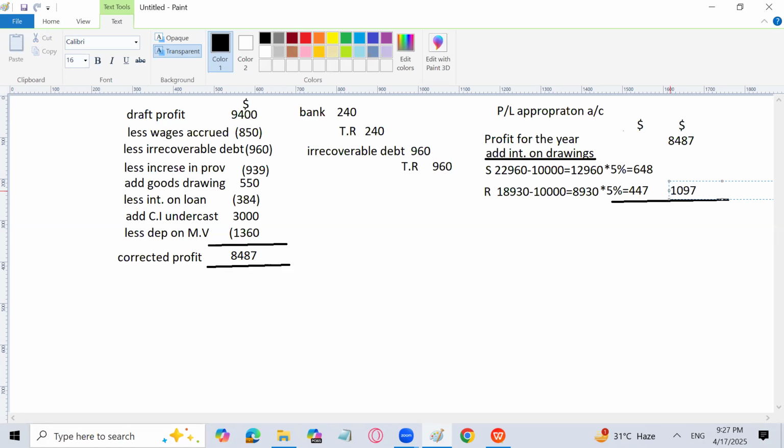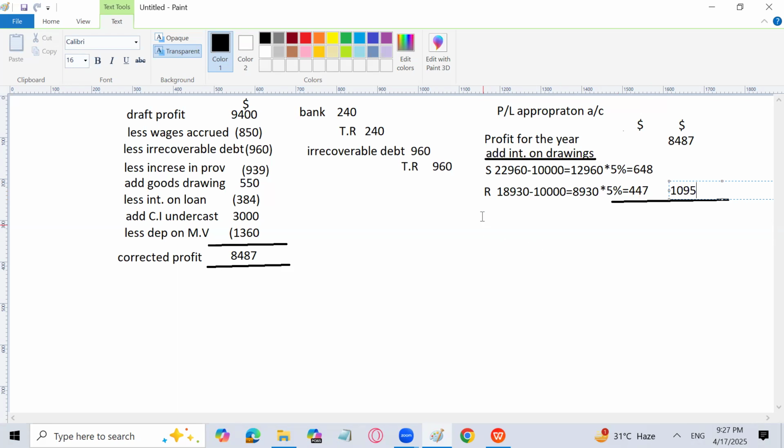Corrected profit 8457 is coming. The corrected profit, you need to calculate it again, please. 8457, he's saying. 648 plus, we'll check once, 447. That is 1095. Okay.